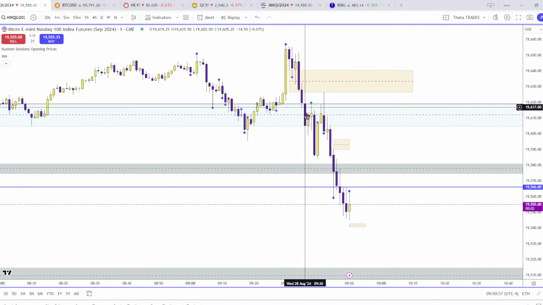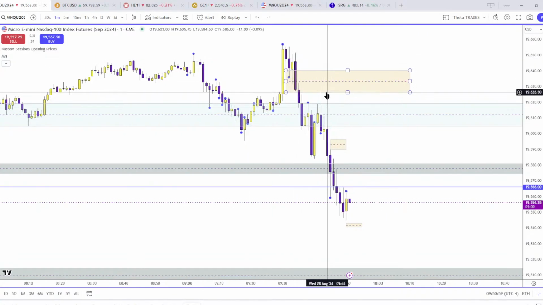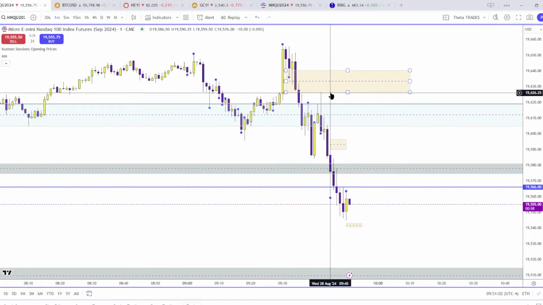So catching this reversal here, you have 626.